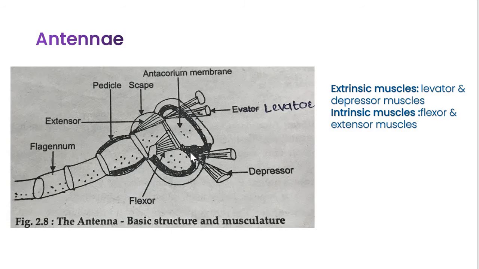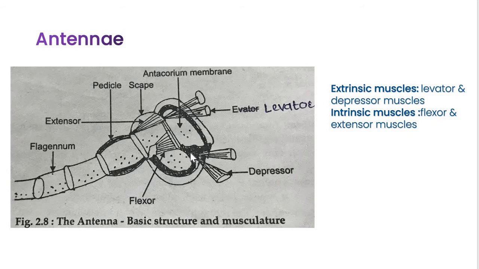Structurally, the antenna is typically composed of a basal scape, a middle pedicel and a terminal flagellum. The scape and pedicel are single segmented divisions. The flagellum is the multi-segmented long part of the antenna. All the segments are alike.